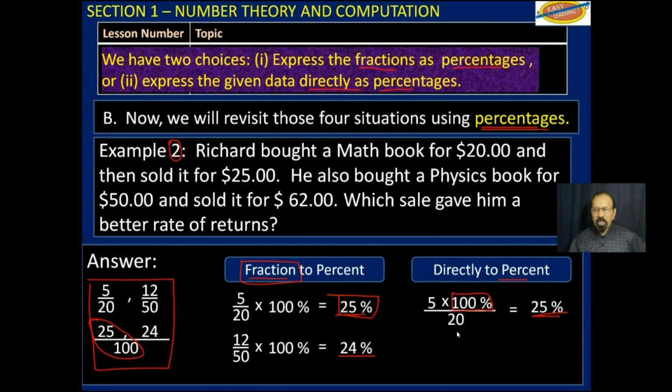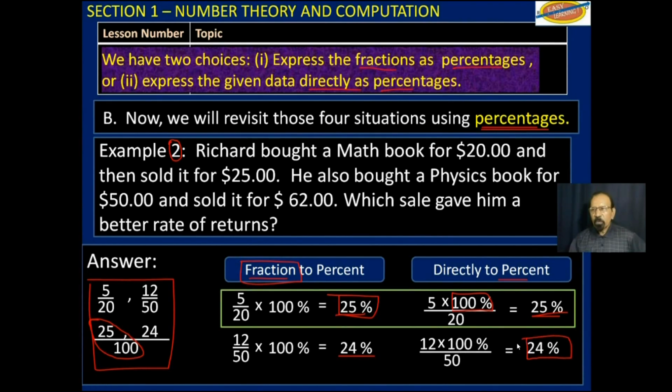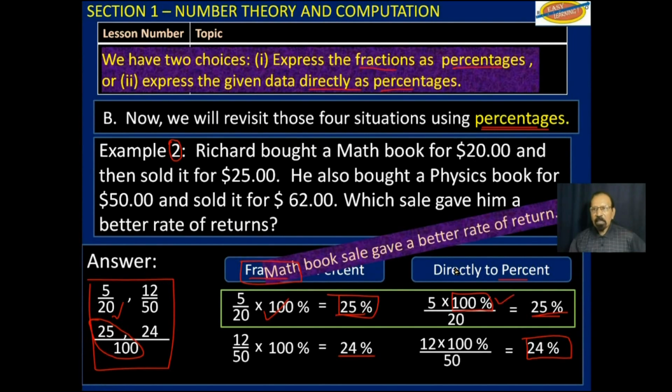And in the next case, 12 multiplied by 100, divide by 50, and you get 24%. So as you could see, whether you work it by fraction, or you carry the fraction to percent, or you calculate the percent directly, it doesn't really matter. Math book sale gave a better rate of return.